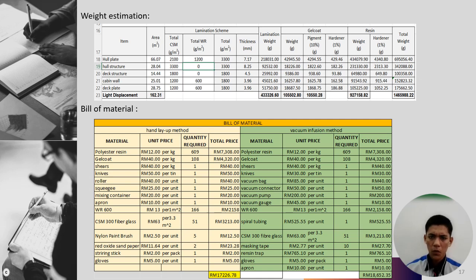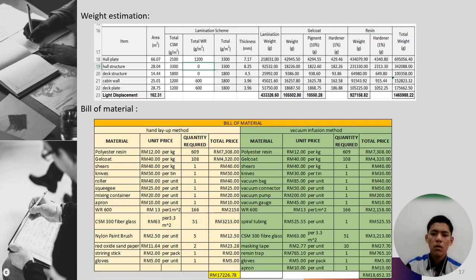After we complete all this calculation, we go through to the BOM, which is the bill of material. As you know, the hand layout method and the vacuum method are different methods, so we need to make a bill of material to compare the price. As for the second objective in my FYP2, we want to define the most optimal method at the lowest cost.